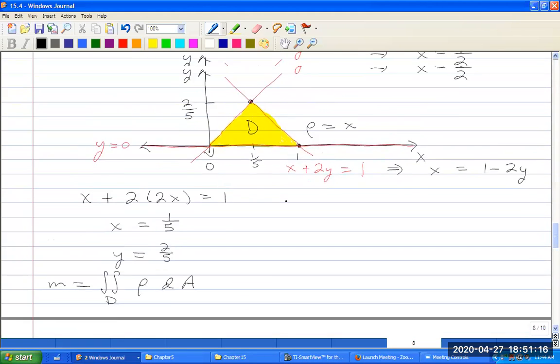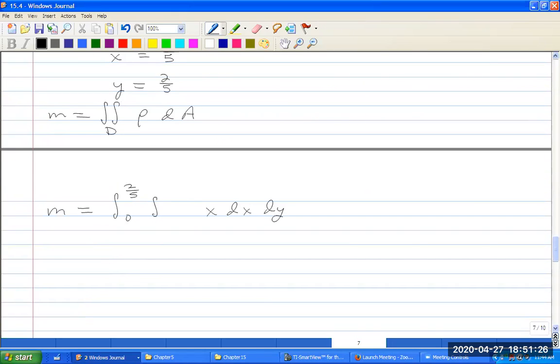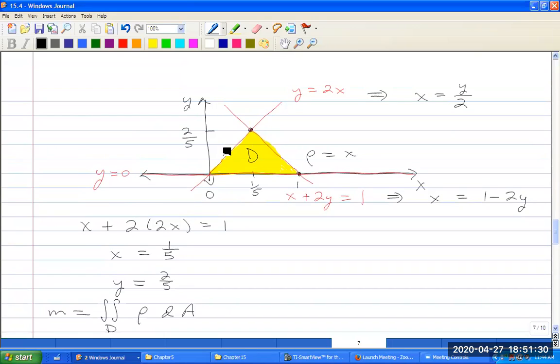And so x here goes from the outer one, which is the 2y, to the inner one, which is the y over 2.